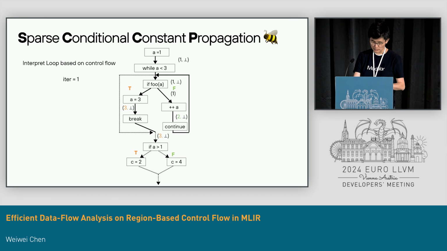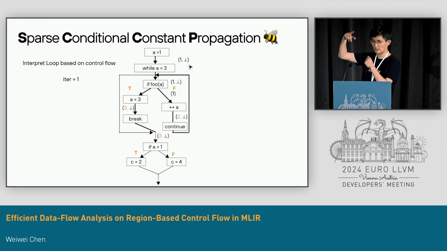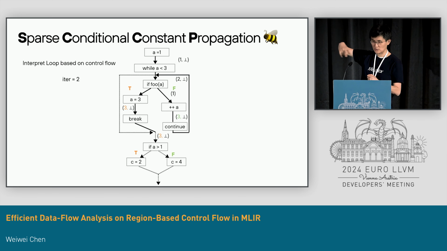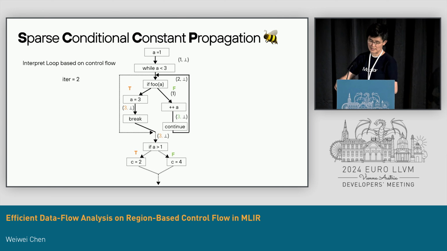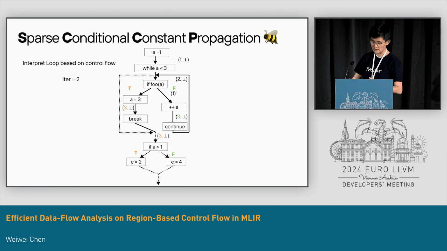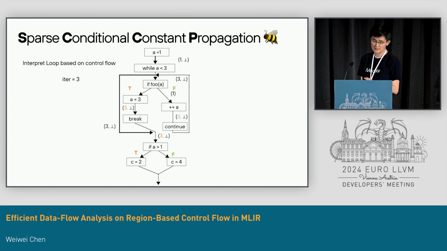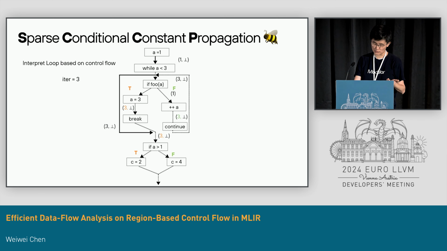Now when we try to merge on the right side, the 2, for the next iteration, we do not actually have to join with the value of the first iteration because it will never be the same. So we can just keep doing the scoped SSA value, interpreting the loop in a way. Now we know that all the branches will reach the value of 3, and when we join them, it becomes 3.